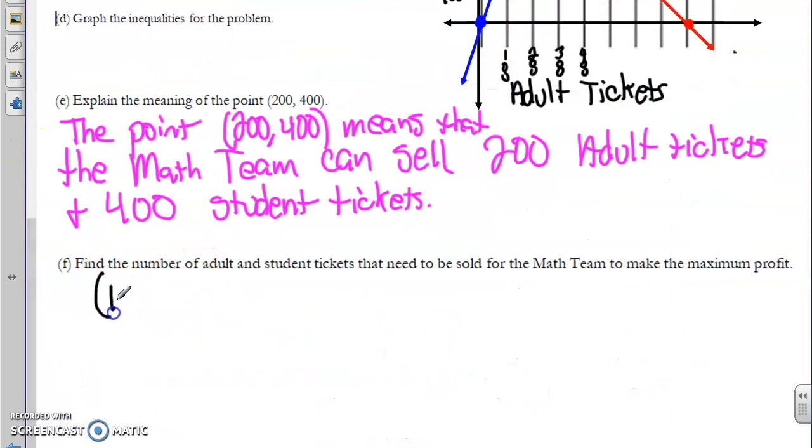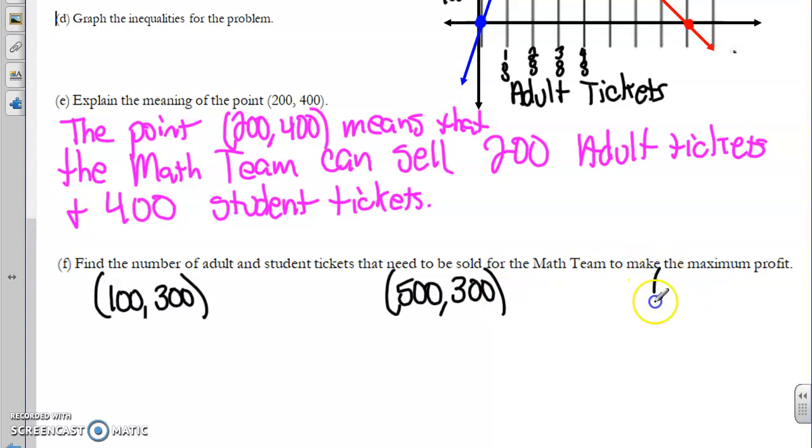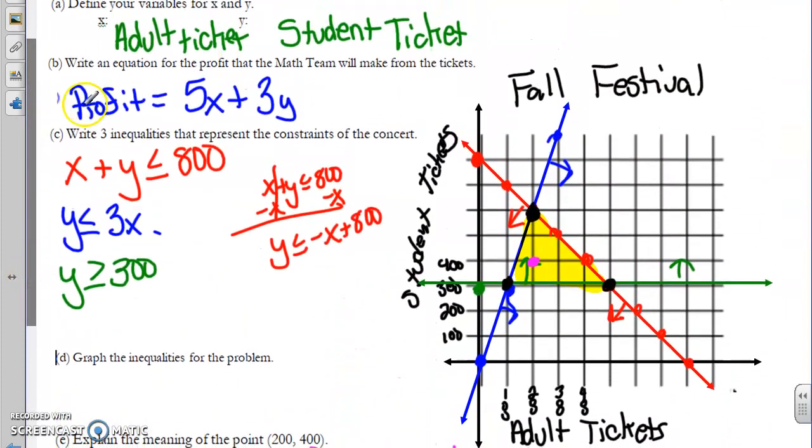So I had 100, 300, I had 500, 300, and I had 200, 600. That equation that we wrote back on letter B, that's where those coordinates go. Every X will go in the X spot, every Y will go in the Y spot.